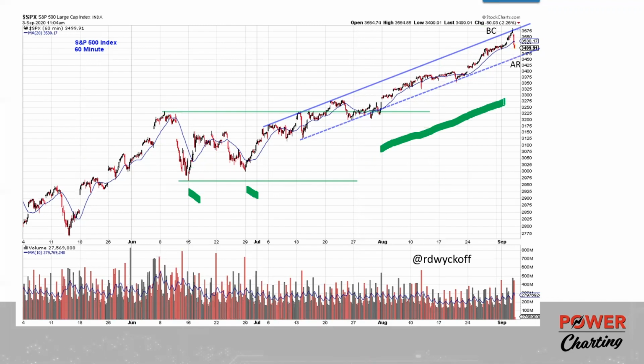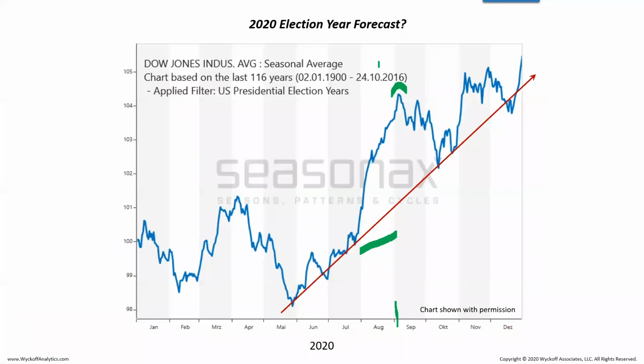Here's the August period with the climactic surge, buying climax, throw over in the S&P 500. So again, following the cyclic model of the presidential election years with a climactic surge right into the beginning of September.